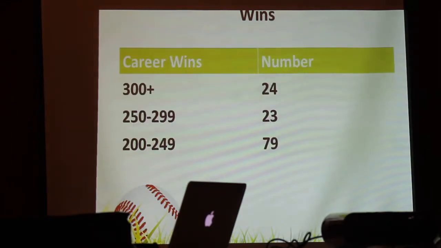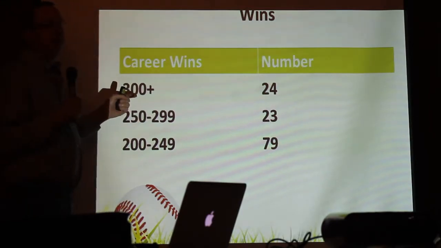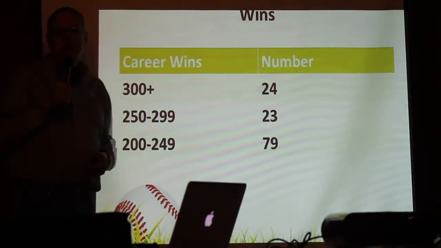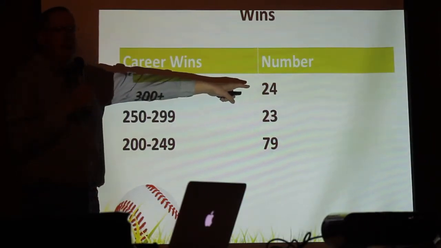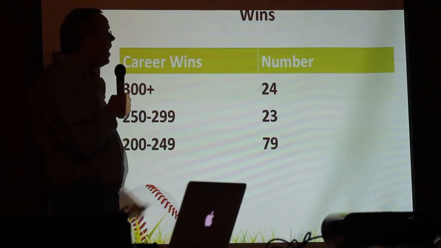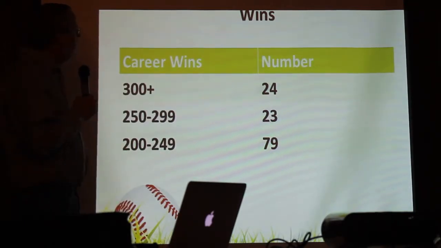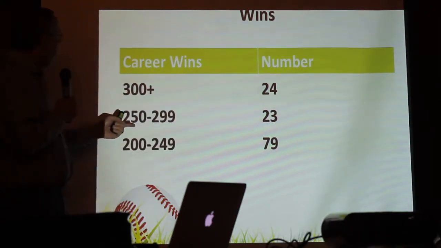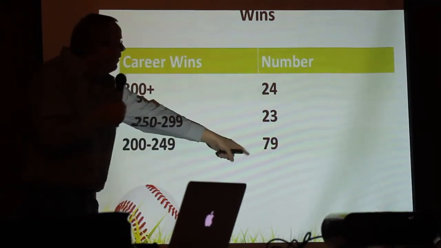You look at baseball history right now. There are only 24 pitchers in baseball history with 300 wins. Well, guess what? There's been about 10,000 players that have pitched a game in baseball, so that means about 9,975 of them did not win 300 games. Only an additional 23 won between 250 and 299, and only an additional 79.